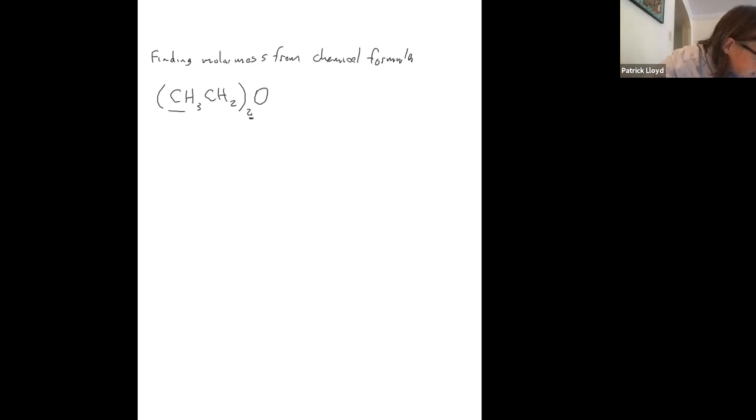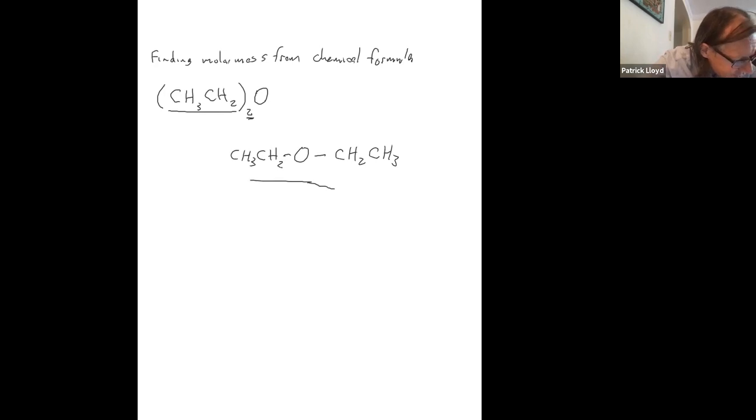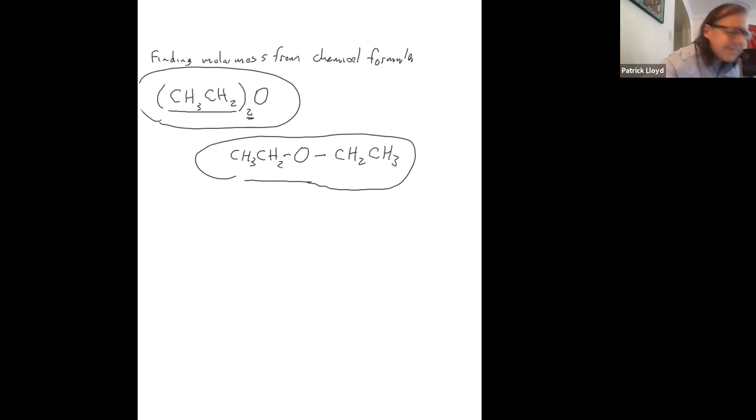You've got CH3, CH2 in parentheses, and a 2, and then the O. Really what they're doing is they're just representing what we just did. This is not the same molecule, but it's similar. They're just representing it differently. And you'll see that a lot in chemistry.